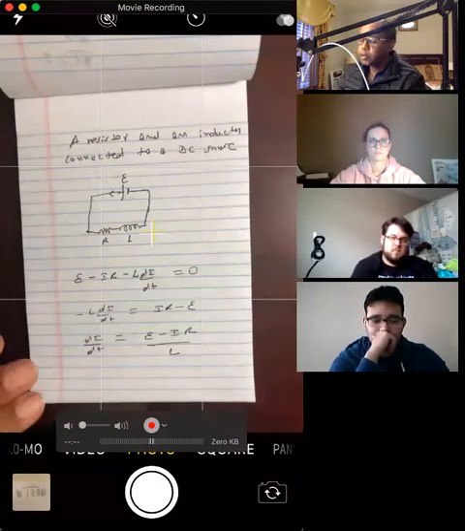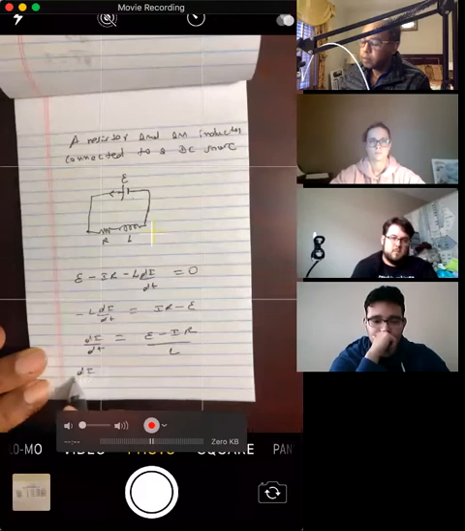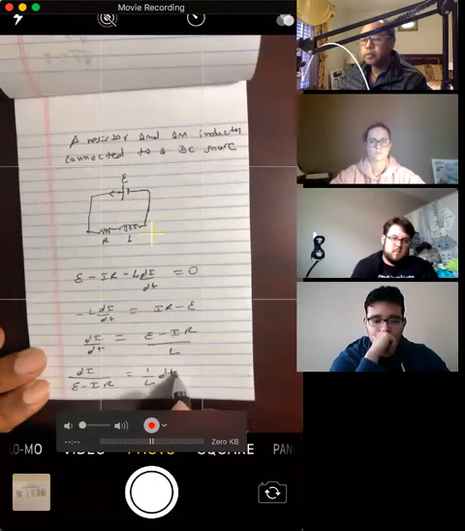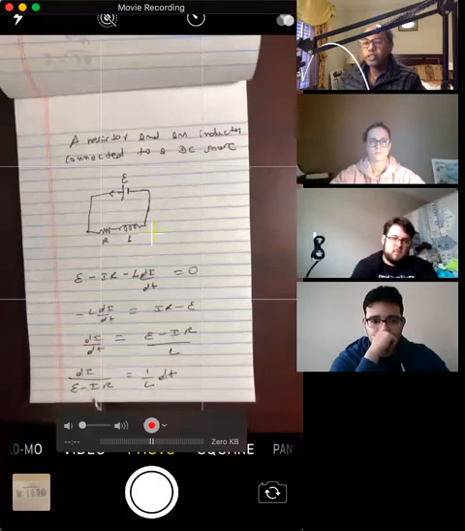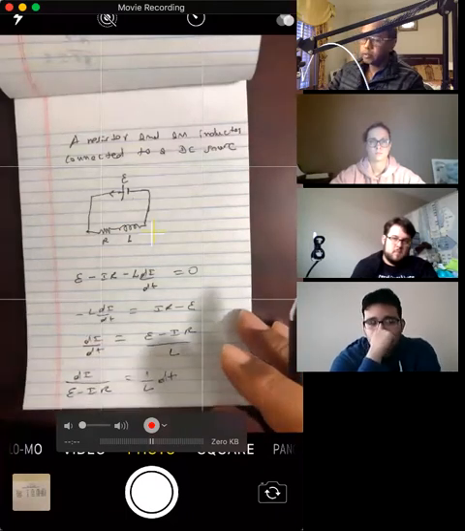So we can write di over E minus IR equals 1 over L times dt. I've separated the time and the current. Now I can solve the problem. We're just going to integrate both sides.